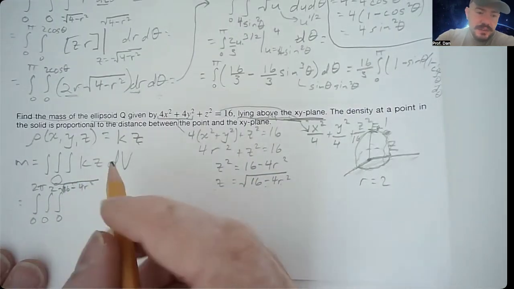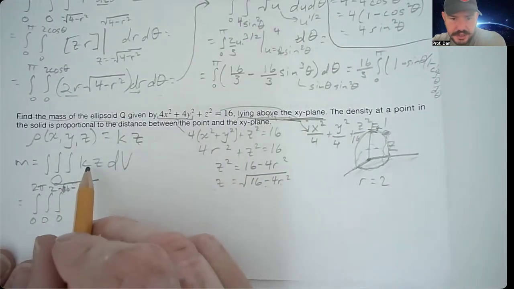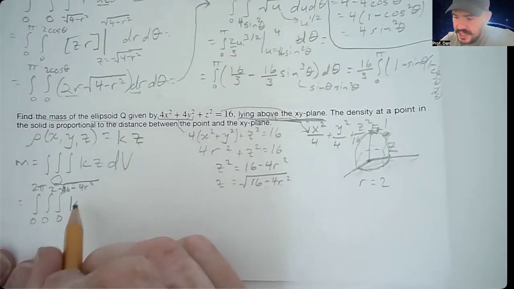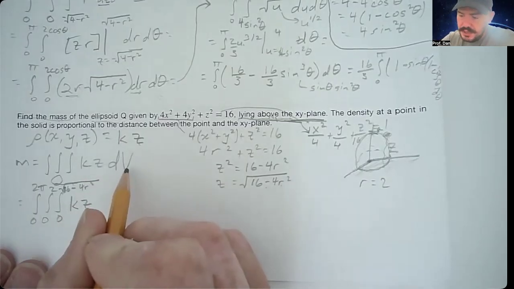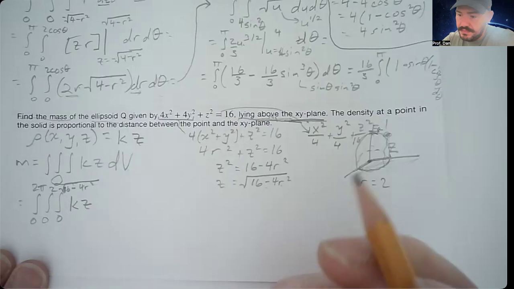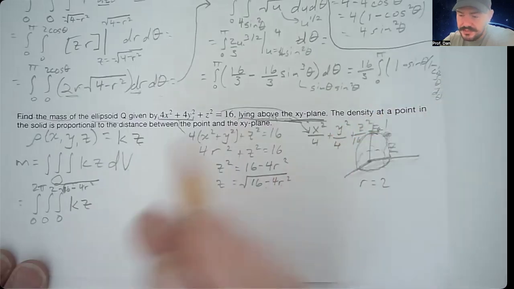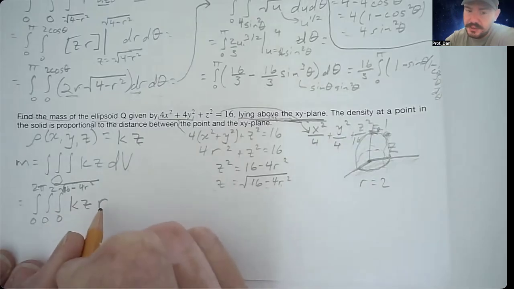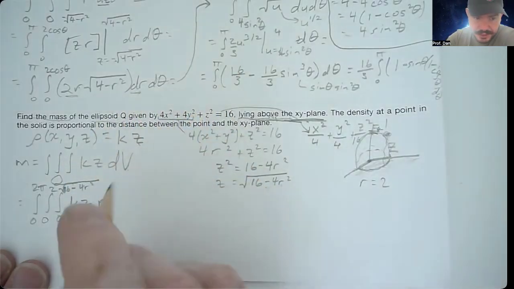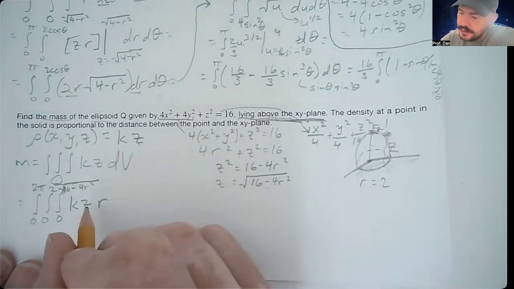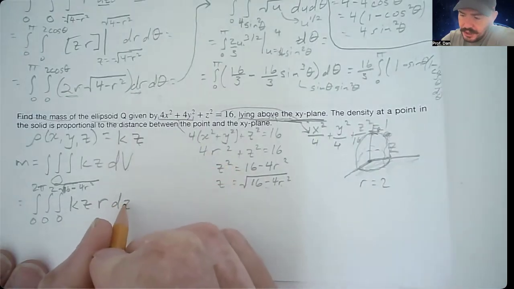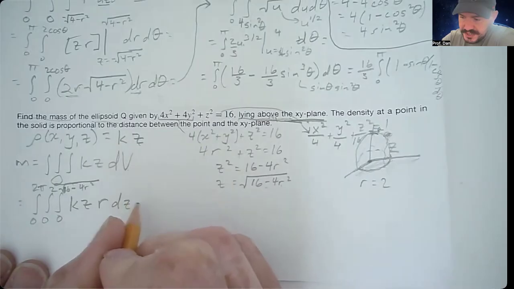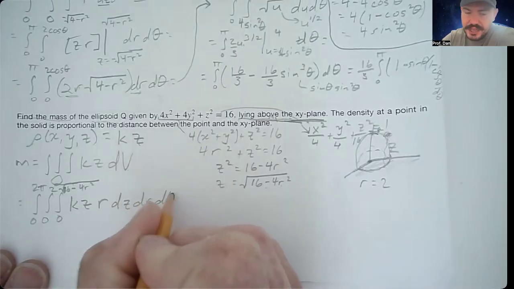And then the integrand was just our density function rho, so kz dv. And because we're in cylindrical coordinates, remember we have that extra factor of r that comes about from replacing the differential. So r and then our three differentials in order: dz, dr, d theta.